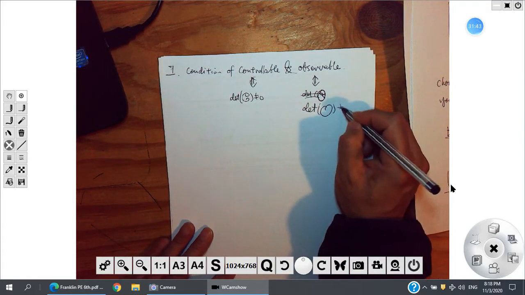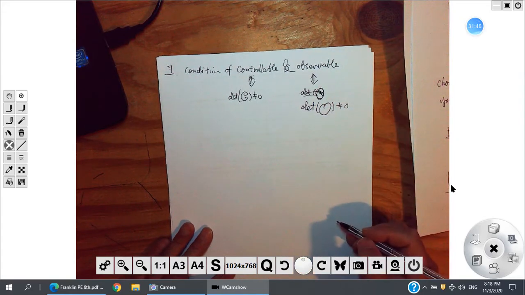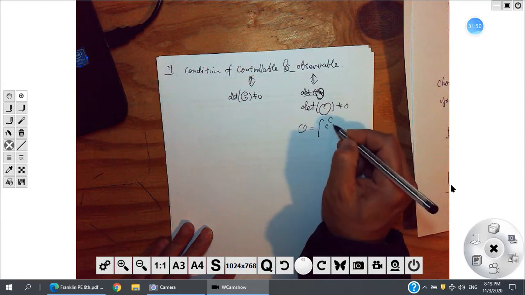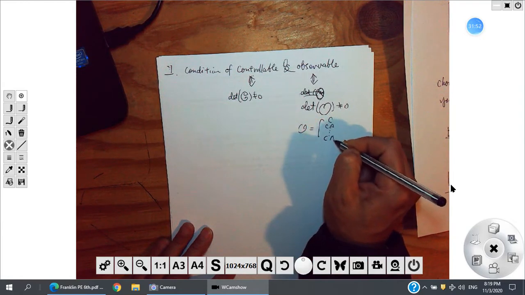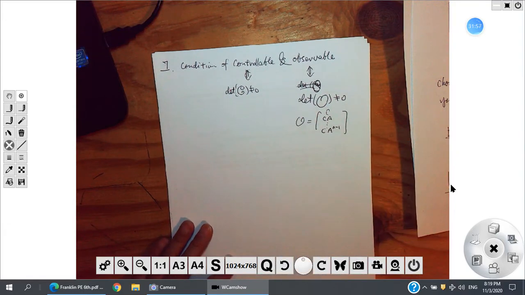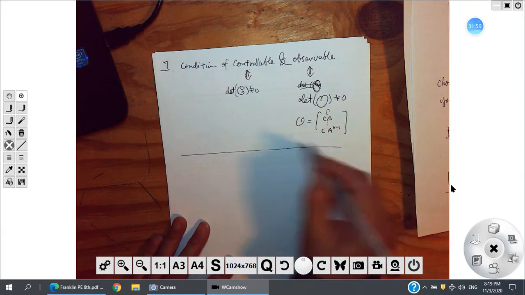This one does not equal 0. And O will be C, CA, until C times A to the n minus 1. This is O. And C I gave you before, right? Okay, so this is seventh part.